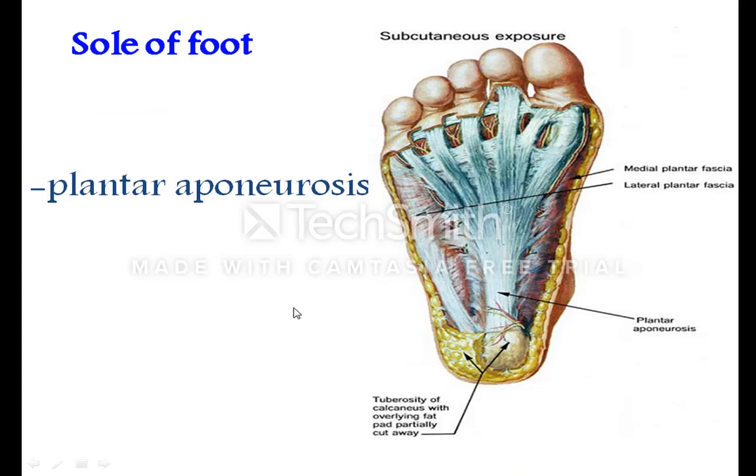So we're done with the dorsum of the foot. Let's move to the more difficult part, which is the sole of the foot. After removing the skin, we can see first this pyramidal or triangular fascia, which is the plantar aponeurosis, coming from the toes and attached here to the tuberosity of the calcaneum.